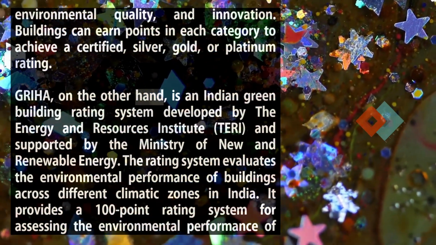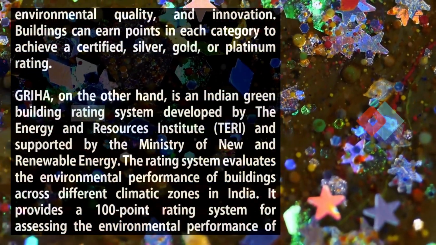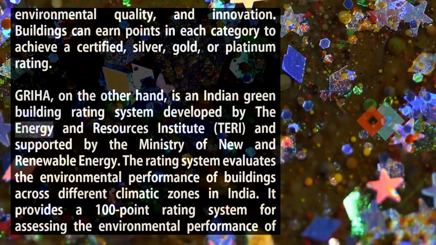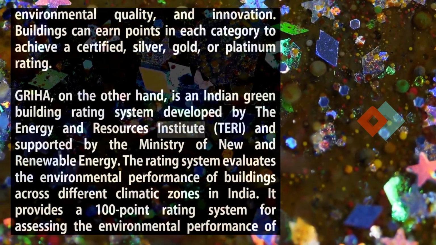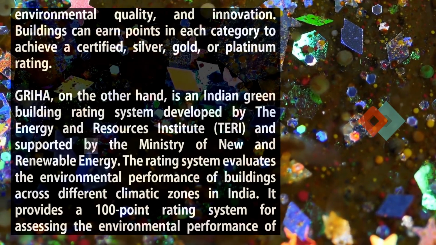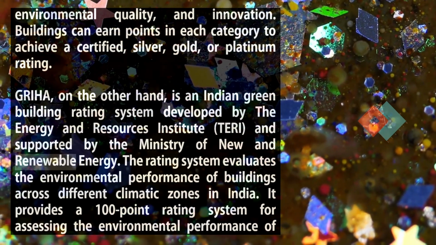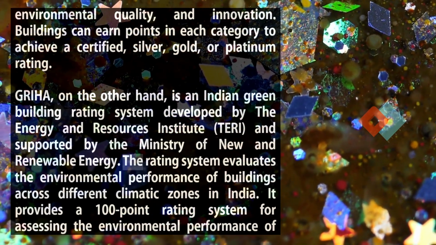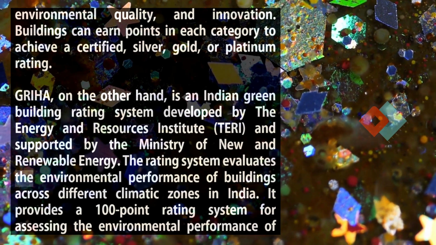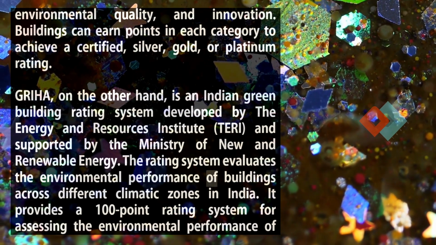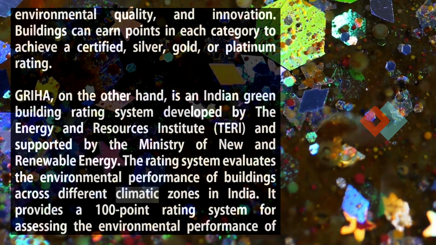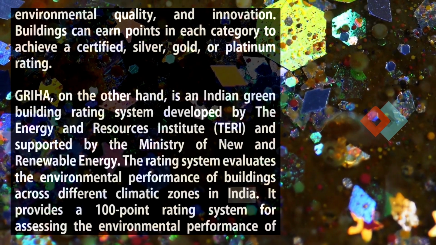GRIHA, on the other hand, is an Indian green building rating system developed by the Energy and Resources Institute, TERI, and supported by the Ministry of New and Renewable Energy. The rating system evaluates the environmental performance of buildings across different climatic zones in India.